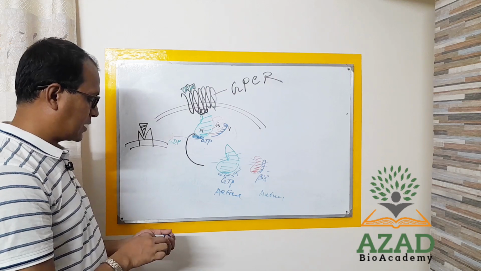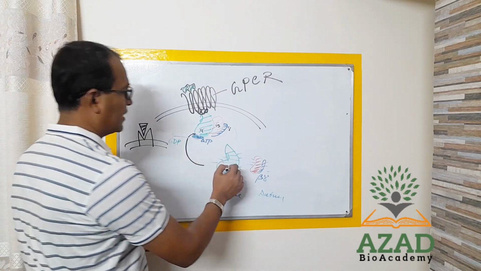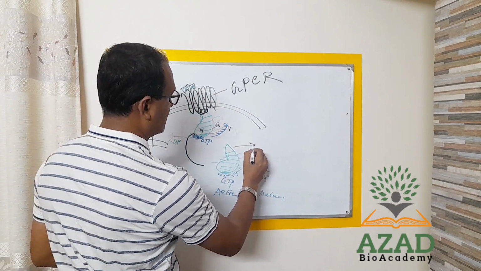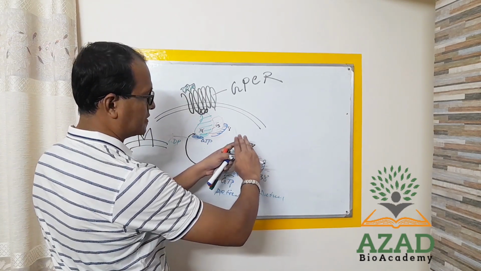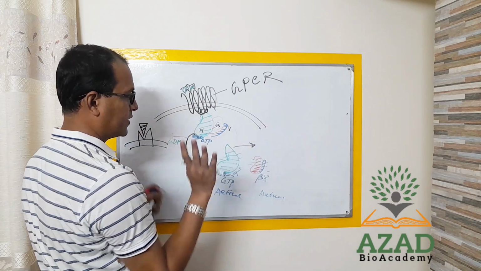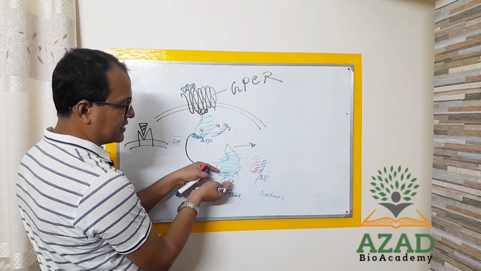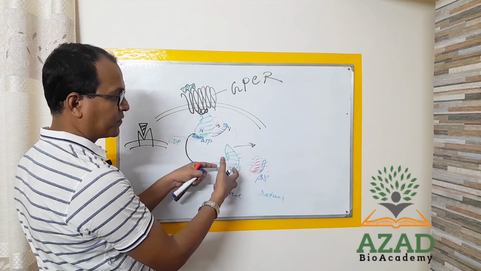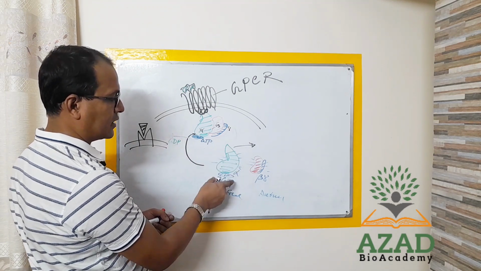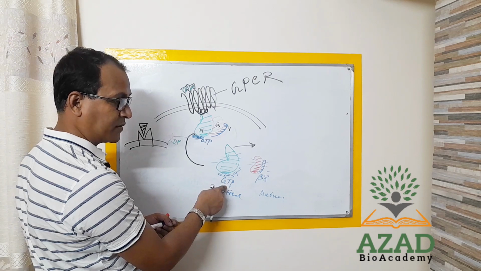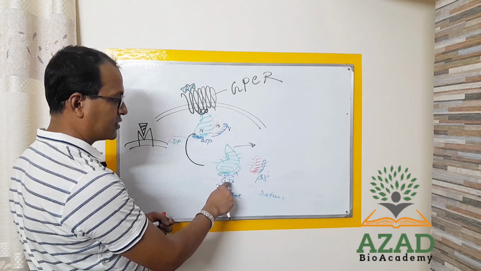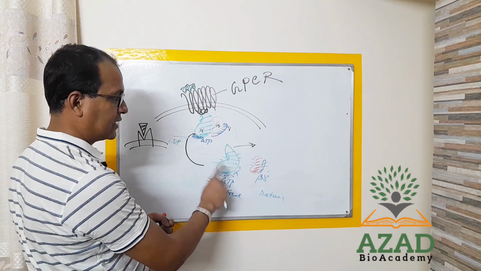Suppose this alpha G protein has activated some substances and just finished its function. Then what will happen? Its GTPase activity, its GTPase capacity, will hydrolyze the GTP, and GTP will turn into GDP.